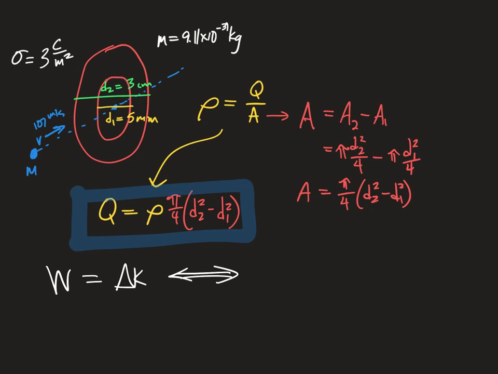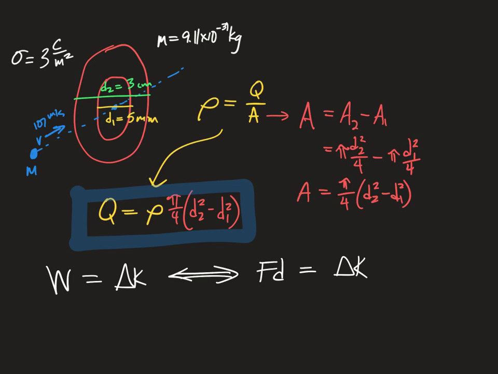And in this context, we know that the work side of this is going to be force times distance, and the kinetic energy side is going to be how we might specify kinetic energy. So I'll just leave it as delta K for the moment.